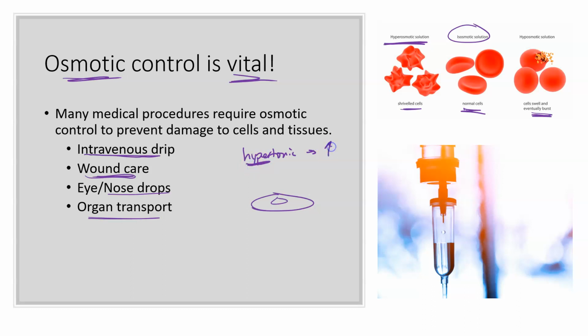Hyper is an increased solute and therefore decreased water. Hypotonic is the opposite. So it's a decreased solute and an increased water. And then isotonic, obviously, you have the same water and same solute concentration.